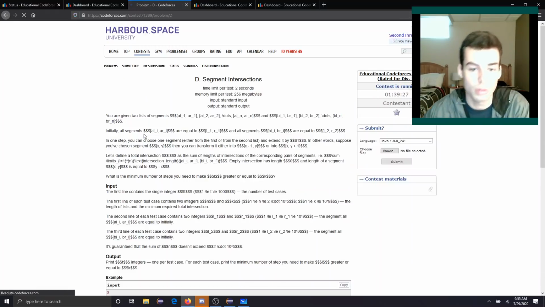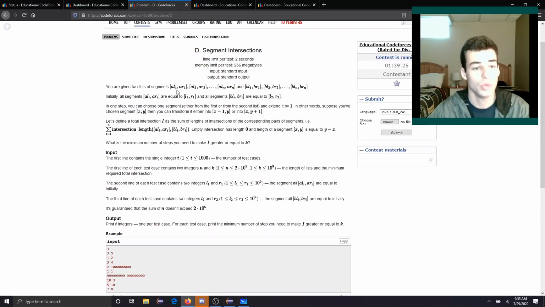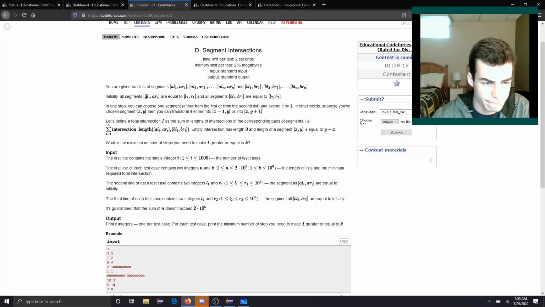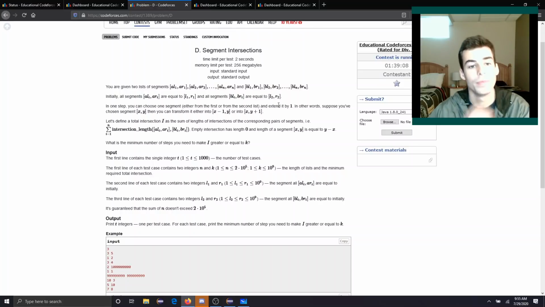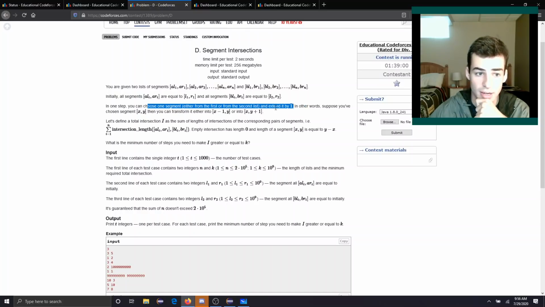Segment intersections. You're given two lists of segments. I think I understand. Initially, all segments are equal to the first left to the first right. Okay, and all segments in this list are equal to the second left and the second right. One step, you can choose one segment from either the first or the second list and extend it by 1 in either direction.